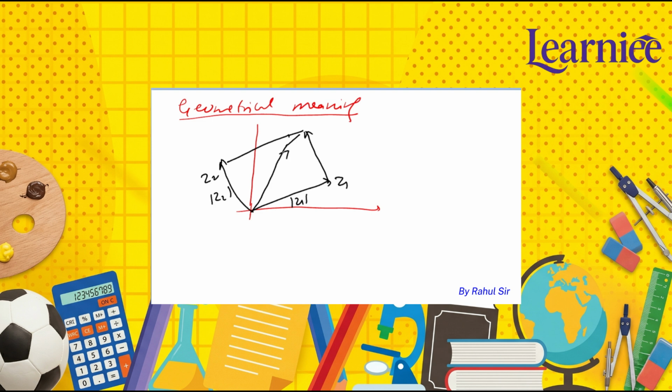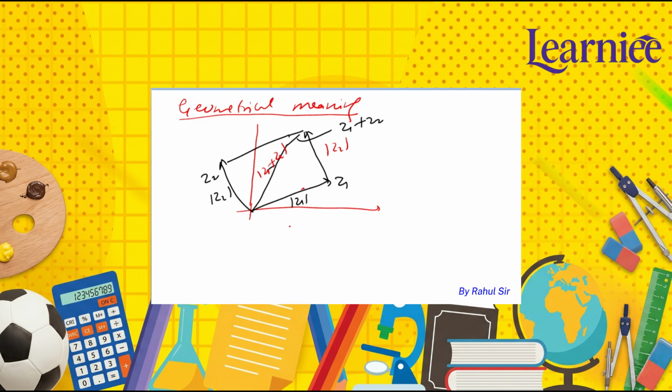So this is z1 plus z2, and its modulus is the distance. This is z1 and this is z2, so the sum of two sides, |z1| plus |z2|, is always greater than the third side.